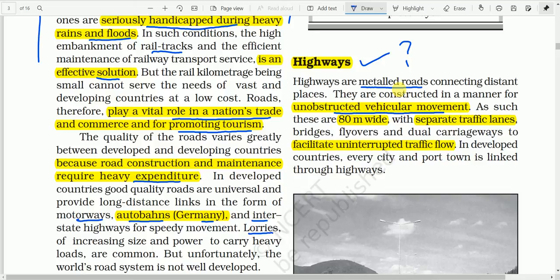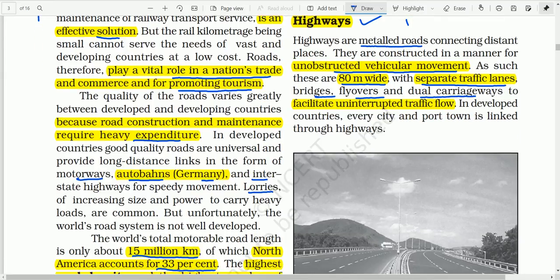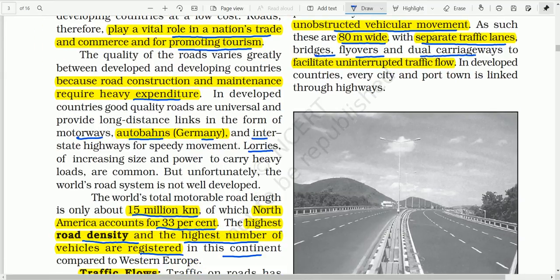These are constructed in such a manner that there may not be obstructions on the way. As such, these highways are 80 meters wide with separate traffic lanes, then bridges, flyovers, and dual carriageways to facilitate uninterrupted traffic flow. This is an example of a highway.